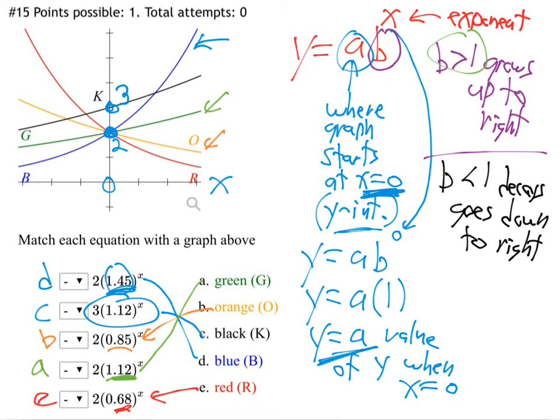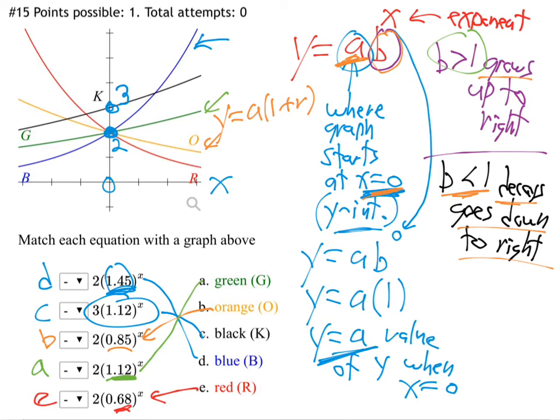So it's all about knowing the a in the front is where the graph starts when x is 0. It's the y value when x is 0. And the b tells you about the growth if it's greater than 1, or the shrinking, the decaying, goes down to the right if it's less than 1. It's all about that number being more than 1 or less than 1. Remember, we wrote the other version of the formula.